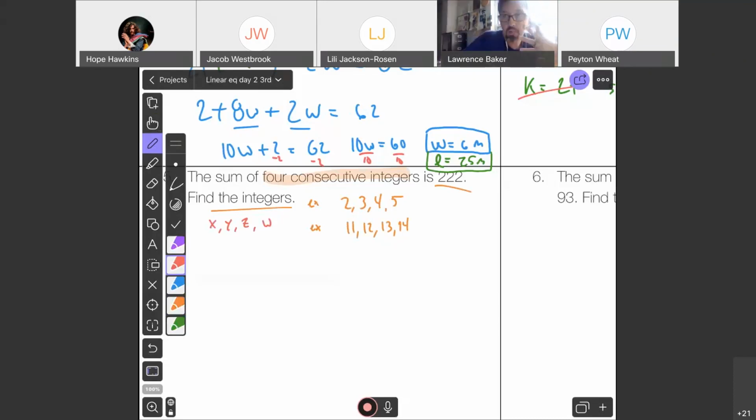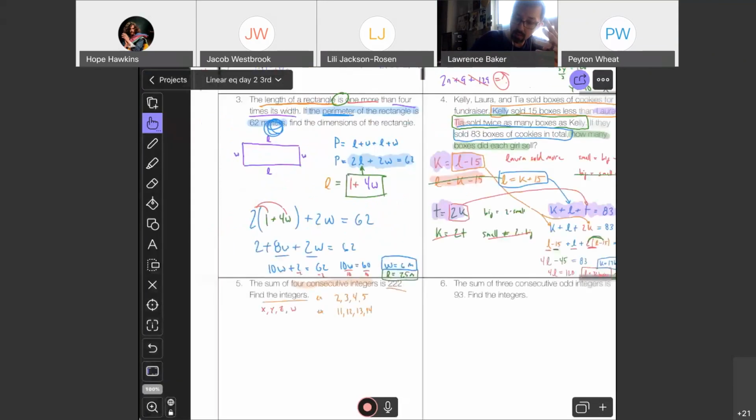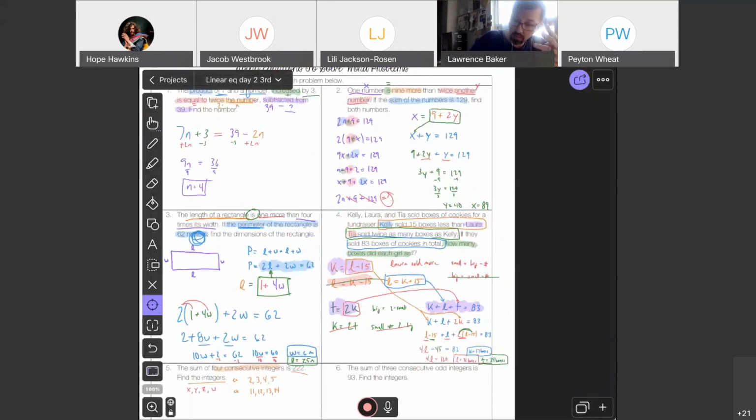Well, if I want to have 4 variables, I have to have 4 equations. In the first and second problems, we had 2 equations with 2 variables, and then we found a way to get them to be 1 equation with 1 variable. Same thing with the perimeter equation with an L and a W in it, and the length equation with an L and a W in it.